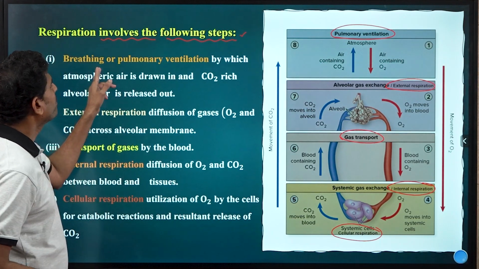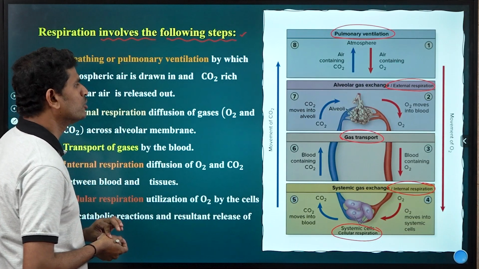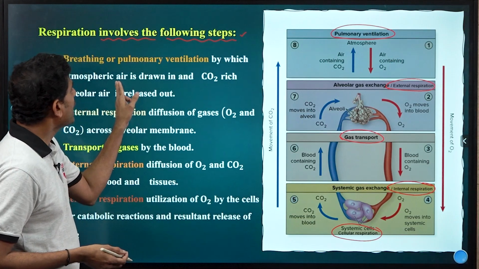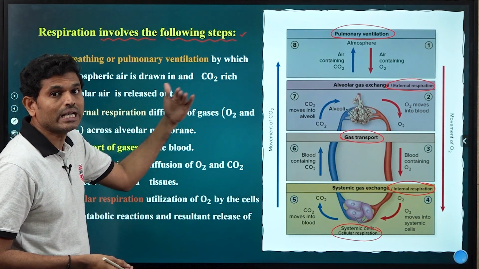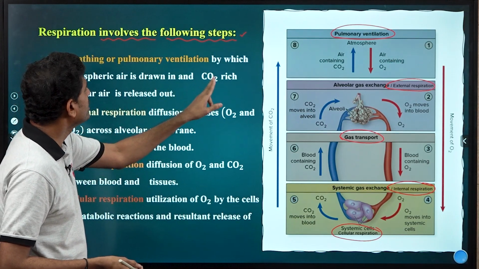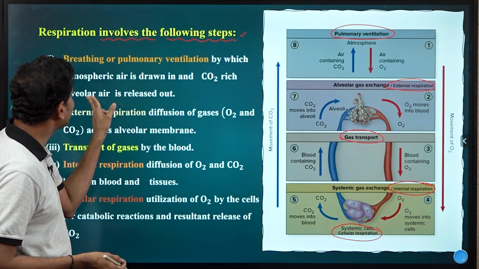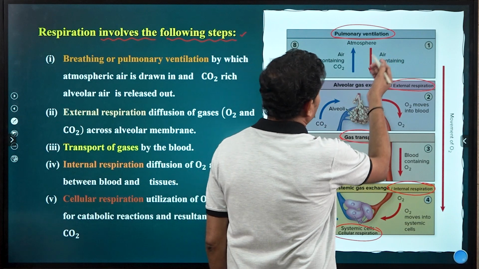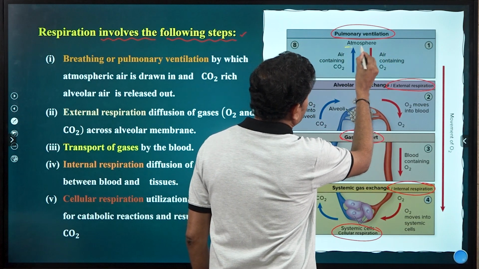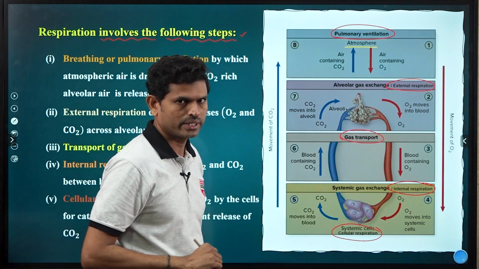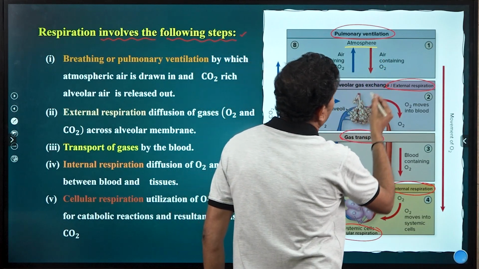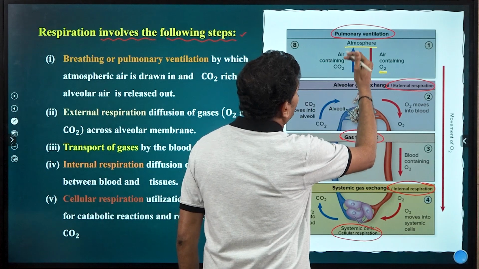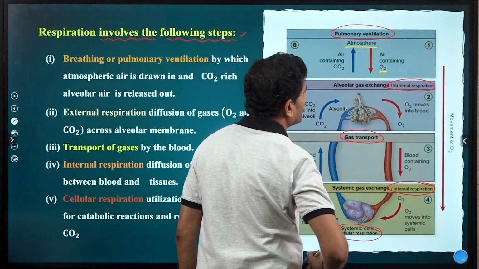First, breathing or pulmonary ventilation: what is it? It is the process by which atmospheric air is drawn into the lungs and CO2 rich air is released outside. From the surrounding environment oxygen is taken in, and carbon dioxide air is sent outside.